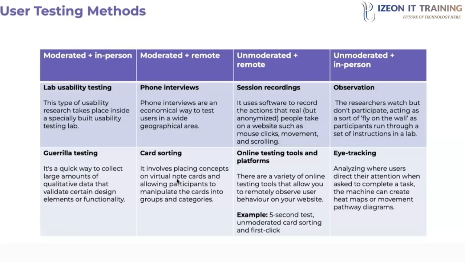Or let's say your hair dryer would come in a beauty product, or it would come in an electronic product, right? There was a blurred line in this, and there were multiple categories. So what they did is they used the card sorting technique.